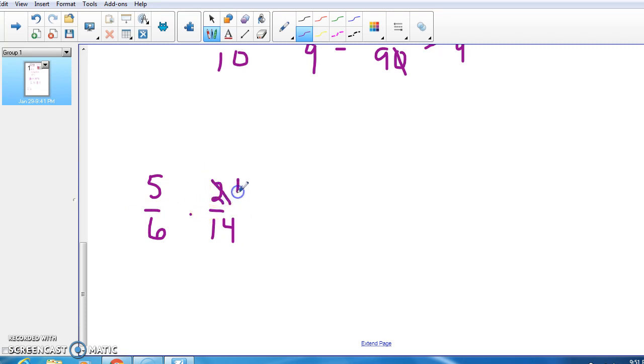I can divide this by 2 as well as this by 2 to get 3. And then if I multiply across, I have 5. And then 3 times 14, I don't know 3 times 14 off the top of my head, but I do know that if I double this and half this, I'm going to get 6 times 7, which will give me the same answer, which is 42.